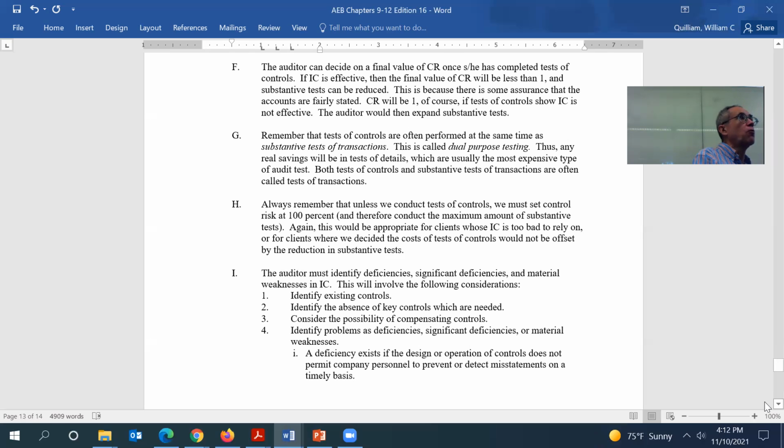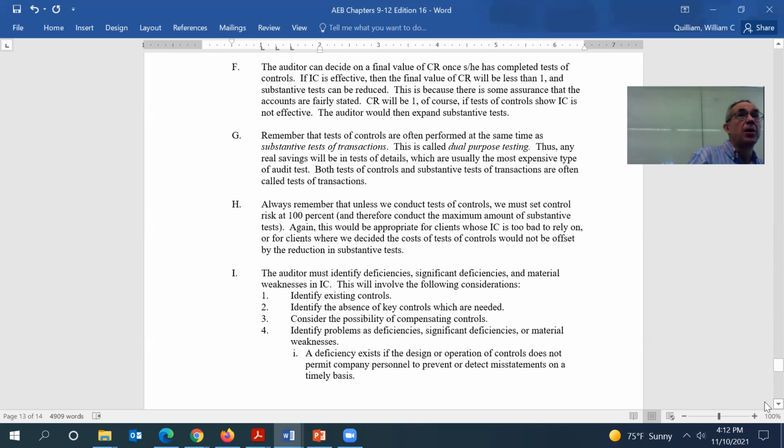So if we find control risk is 100%, a final value that is, we've got trouble. We've got an expensive audit on our hands. How many clients do you think want that? No. Well, if they didn't bother making sure they had good internal control, they're going to suffer the consequences.